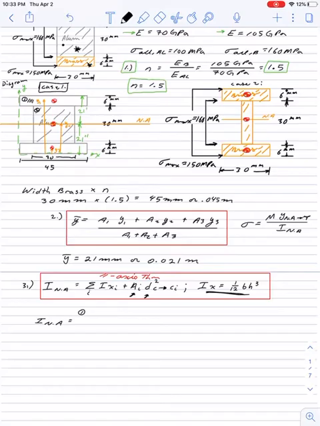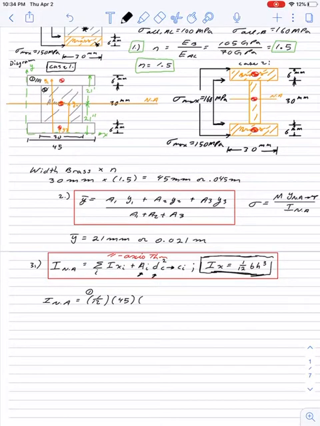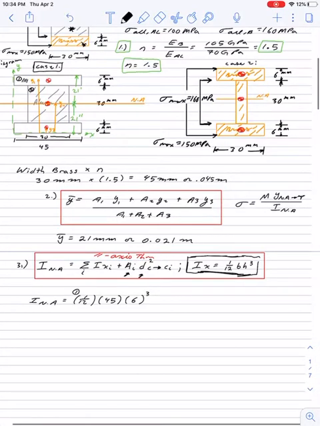We're going to do 1/12 multiplied by its base, which is 45, and multiplied by its height, which is 6 cubed.